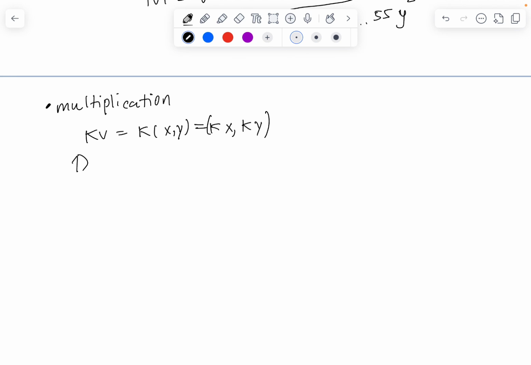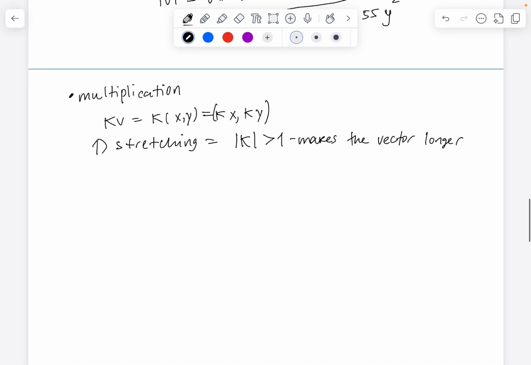So our first case is stretching. If we have k and it's bigger than 1, it makes the vector longer.